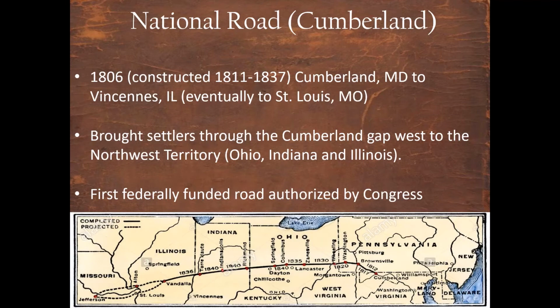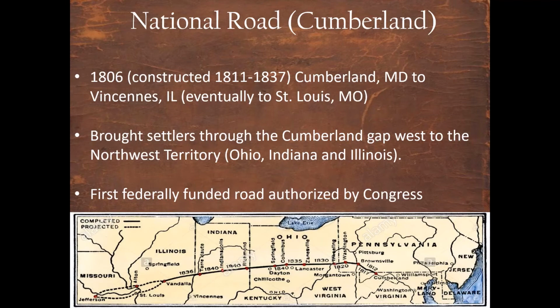So the National Road is the first federally funded congressional road, and it's approved in 1806. It takes a number of years before they can raise the funds to actually start construction. While the road is approved by Congress in 1806, it doesn't actually begin construction in Cumberland until 1811.